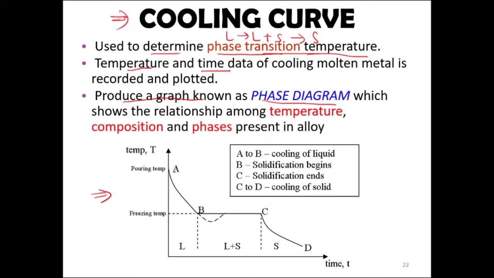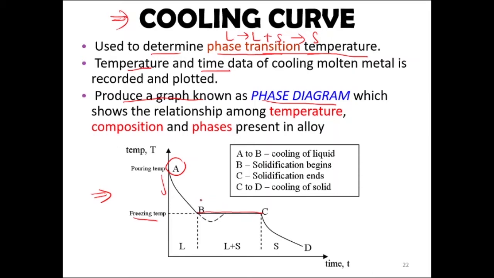What we have over here is the cooling curve for pure metal. As you can see, it starts at A, where the metal is in the liquid state, and then when the temperature drops to the freezing temperature, it forms a constant temperature over time. This is where the solidification happens.